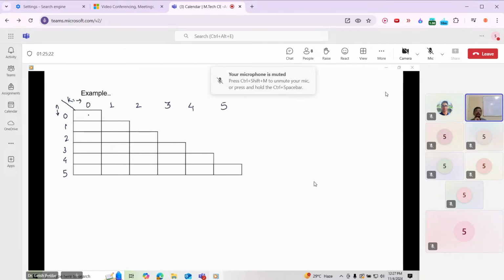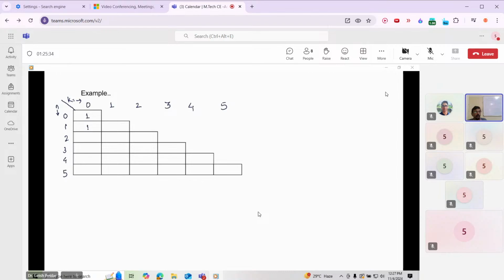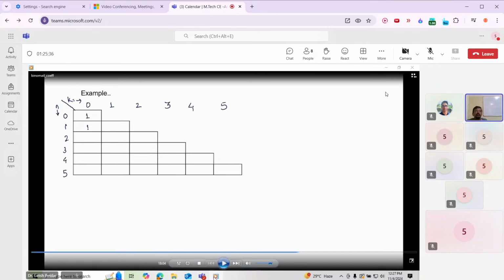So when k is equal to 0, what is C of n, k? Listen to this, because it is very simple and very effective while you solve problems. They are all one, irrespective of the value of n. When k is 0, whatever n may be, the value is going to be 1.